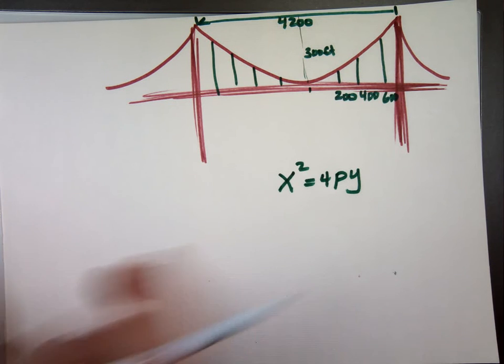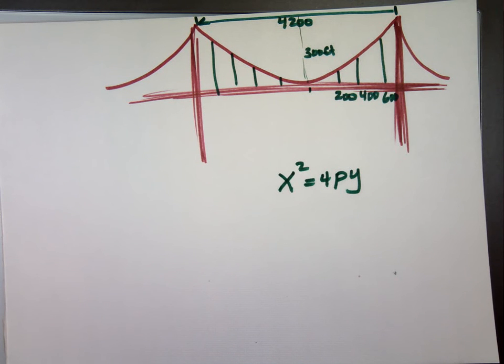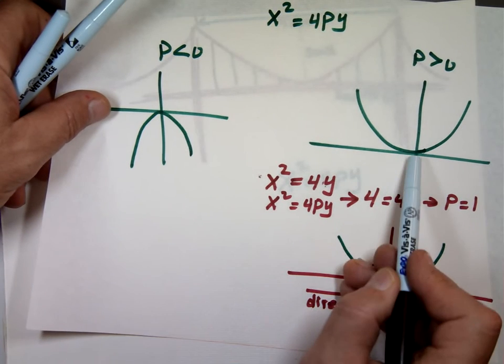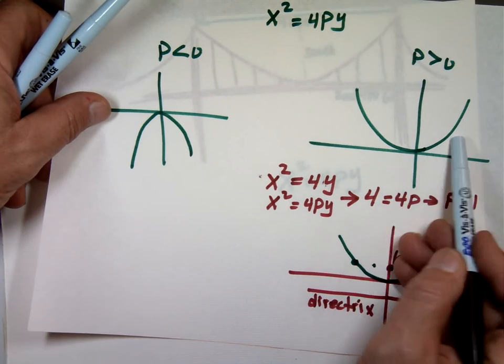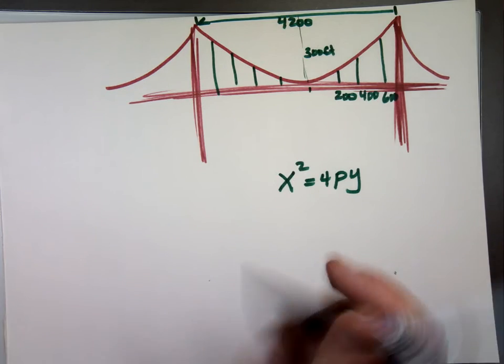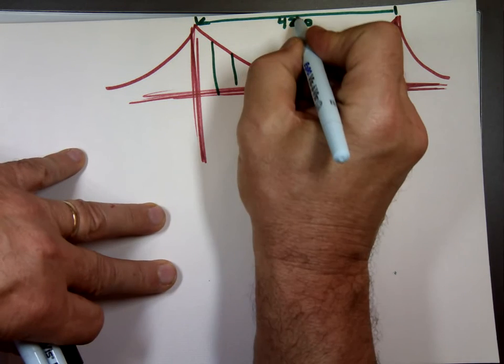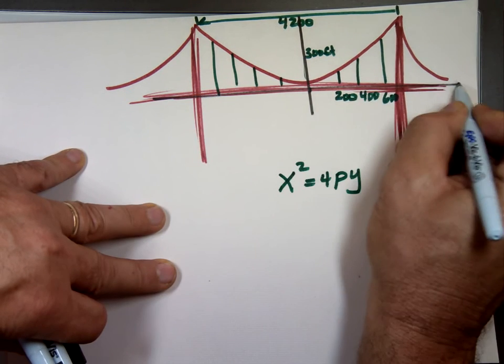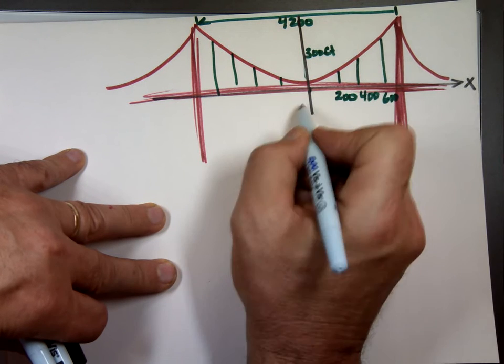To be able to use that, all our parabolas, where was the center? At the origin. See it? And it's symmetric. So to make sure that fits that criteria, I'll put my y-axis right here and my x-axis right there. I said them backward.